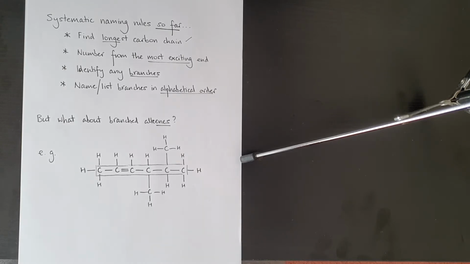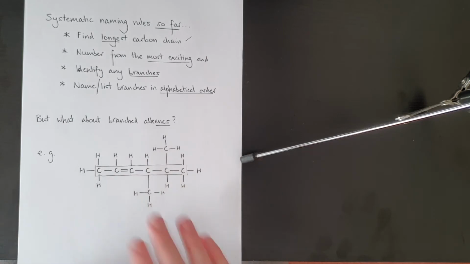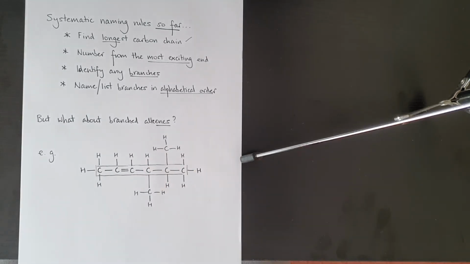And the general rule for that is if it's a functional group, then that is more exciting than branches. Branches, at the end of the day, aren't actually all that exciting. All they do is get in the way. They're just a bit bulky. It just happened to be that in alkanes, they happen to be the most exciting thing going on because alkanes don't really have anything else apart from single bonds and carbons and hydrogens.